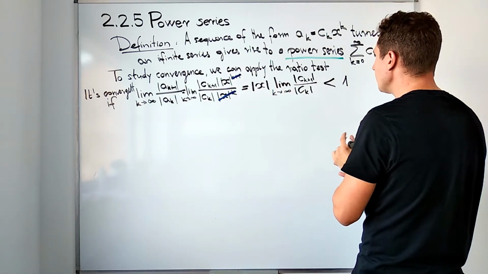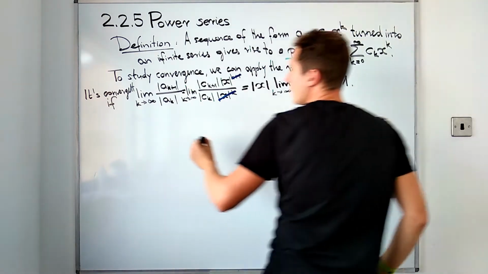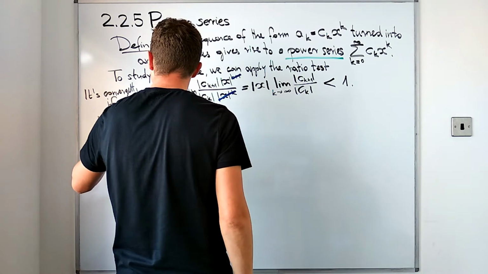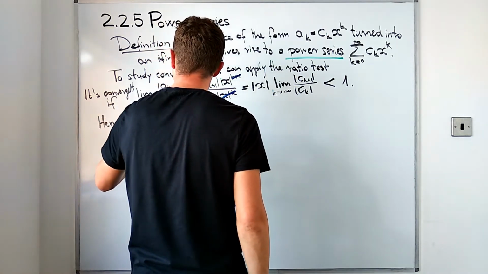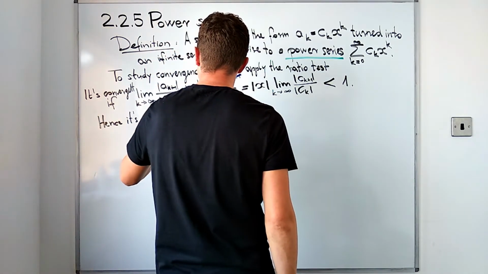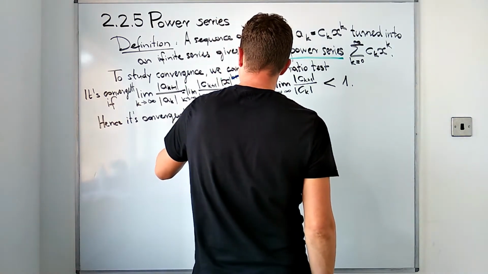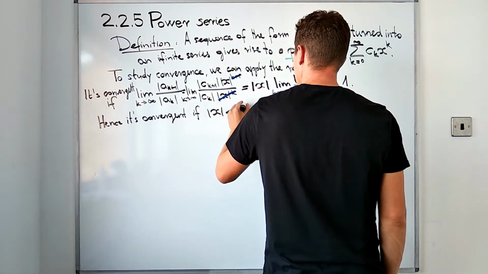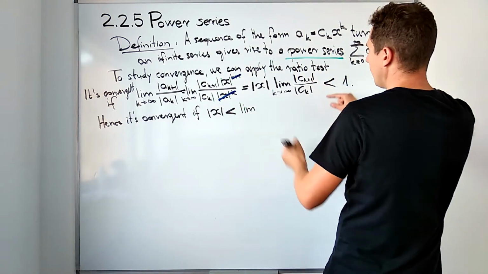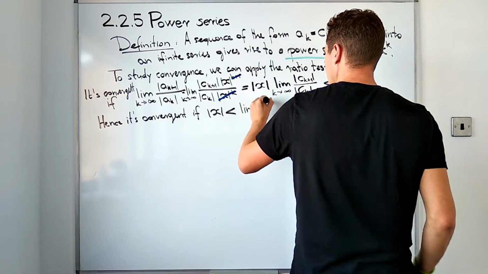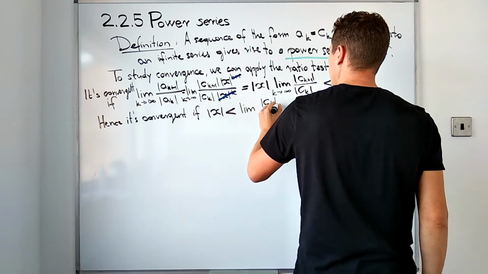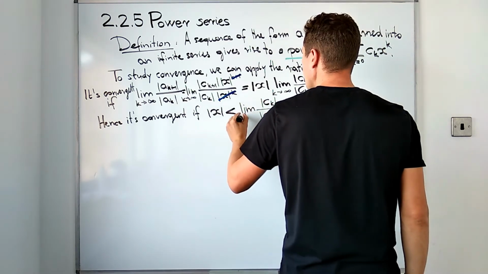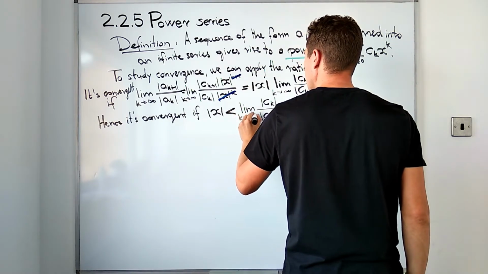Rearranging this means that it is convergent if the absolute value of x is less than this limit of the absolute value of c_k divided by the absolute value of c_(k+1) as k goes to infinity.